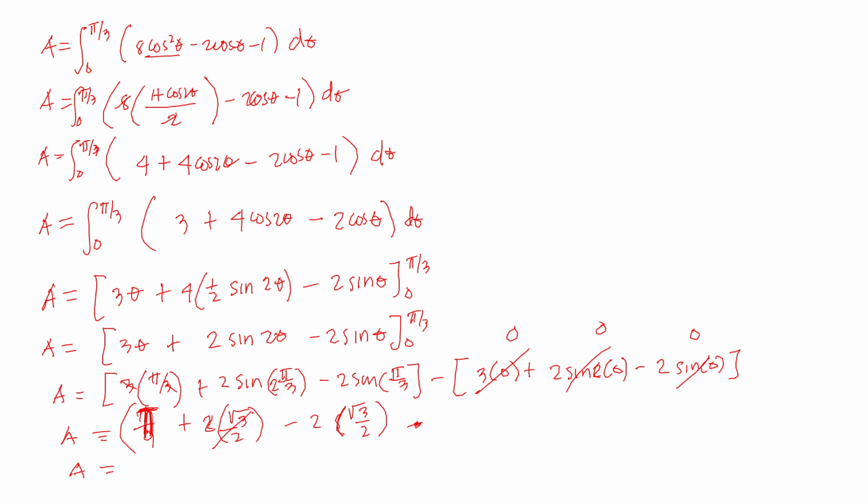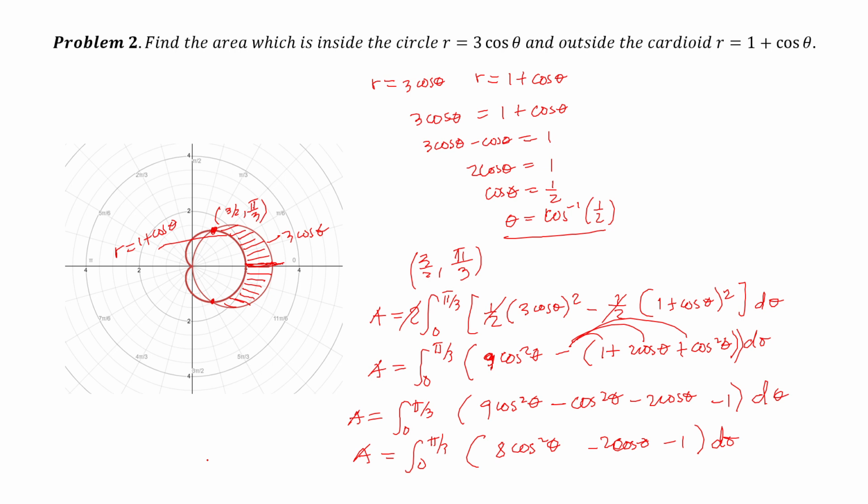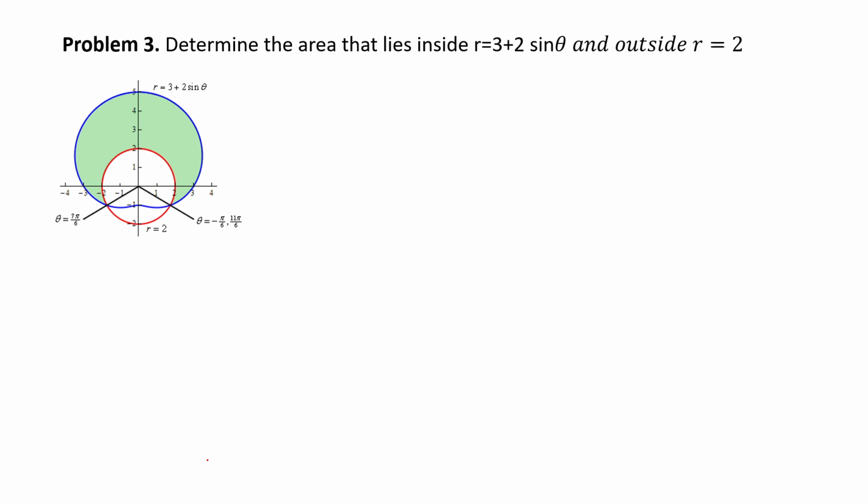So then the square root terms cancel, and this one cancels. The remaining is pi square units. So that's it for problem number 2. That is the area. Next, let's proceed with problem number 3.